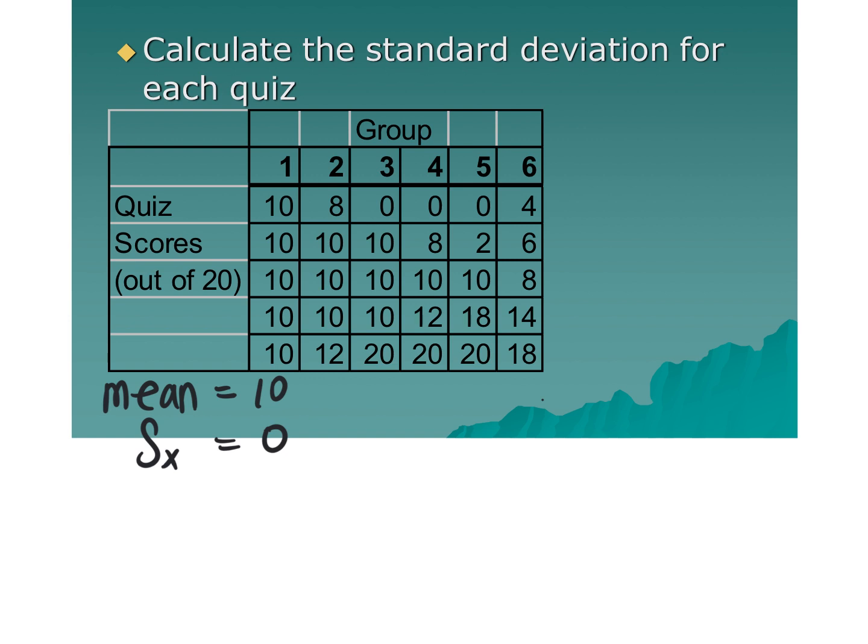Group 2, what's the mean? It's 10. What about group 3? Any guesses for 4? And 5? And 6? All of these groups have the same mean, but they're not all the same.